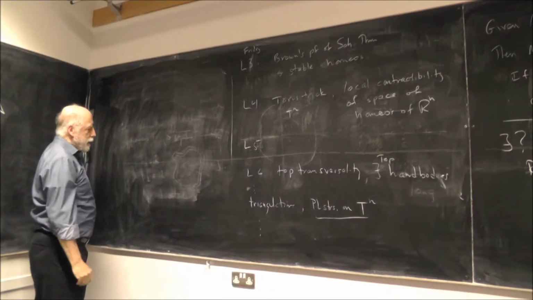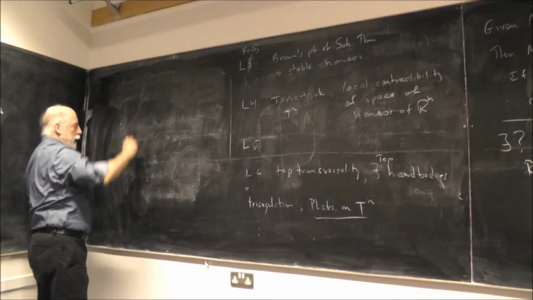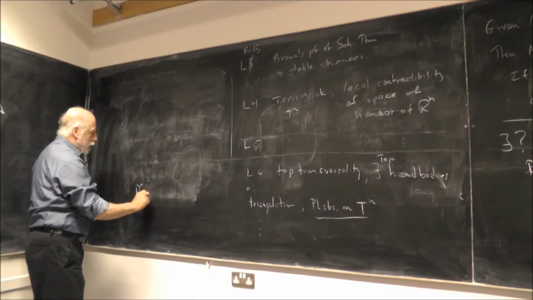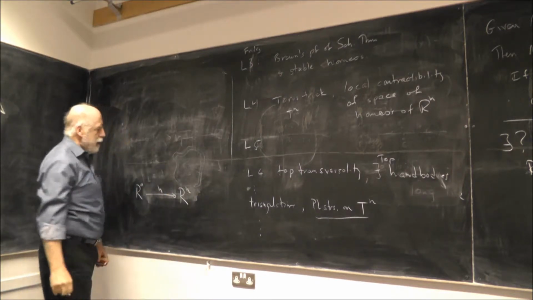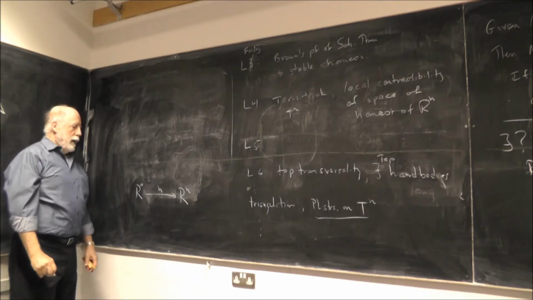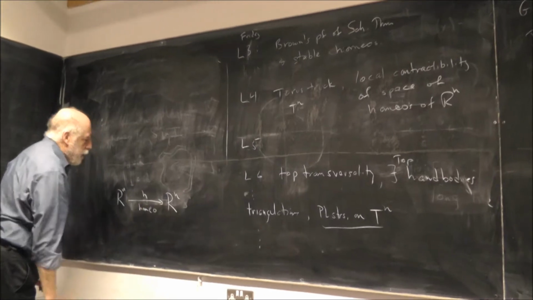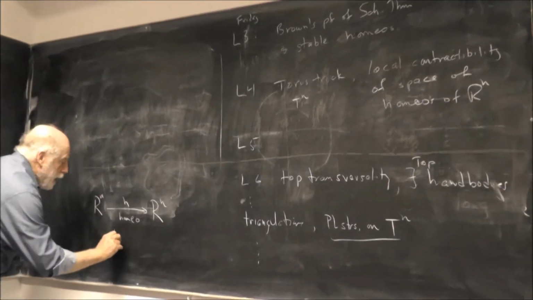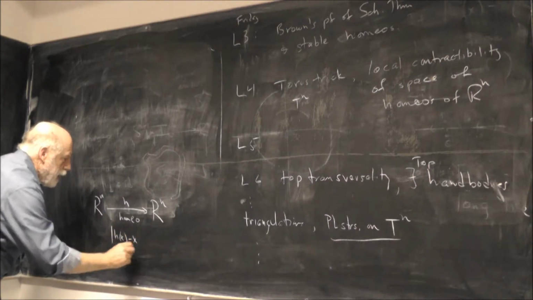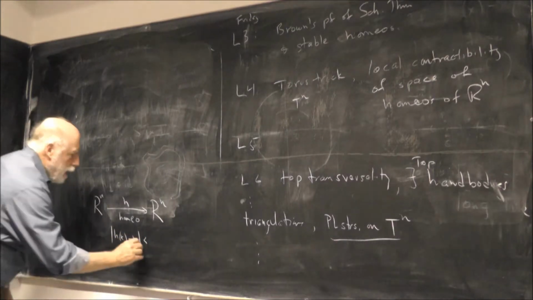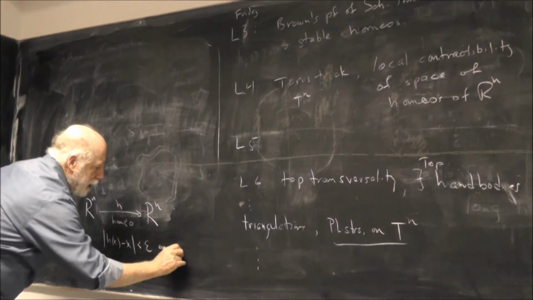Let's take the simplest case where we have a homeomorphism. I'm going to draw a diagram. We have a homeomorphism h from Rn to Rn. For this version, I'm going to assume that h(x) minus x is small on a compact set.